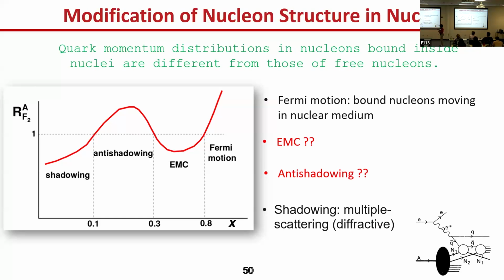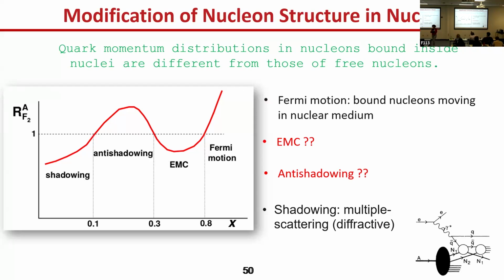This is the ratio between the cross section, and so the parton distribution function, in a nucleus divided by F2 in the proton and nucleon. There are four main regions: the so-called shadowing, anti-shadowing, EMC, and Fermi motion. You would expect that this ratio is one, so the parton distribution function in a nucleon is the same as in a free nucleon.